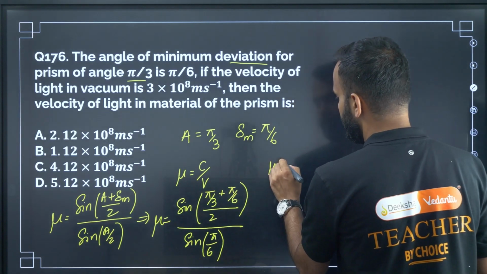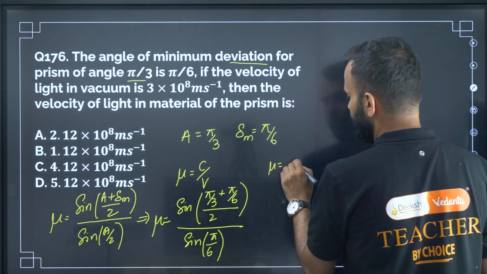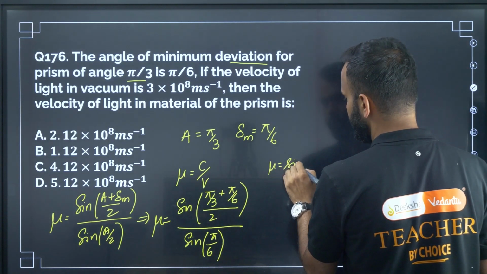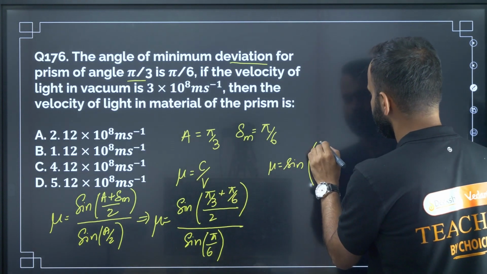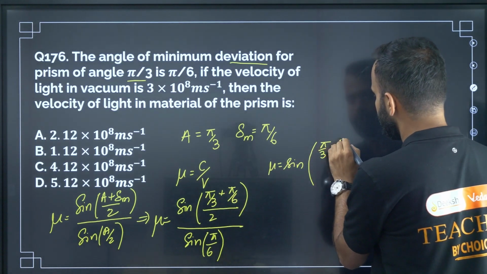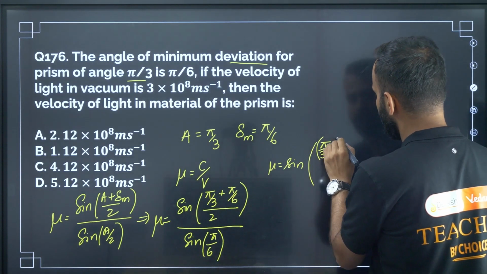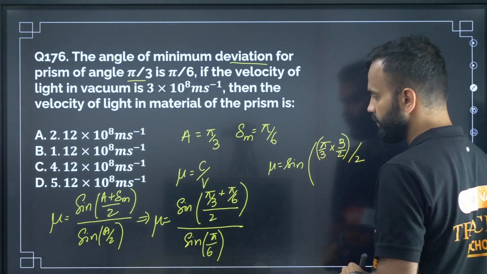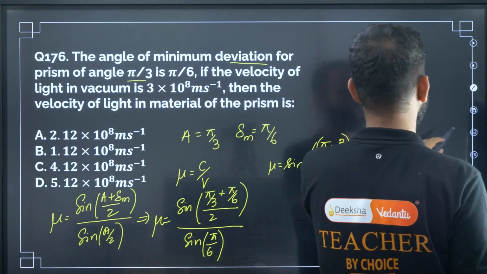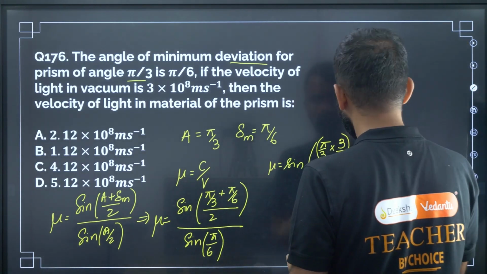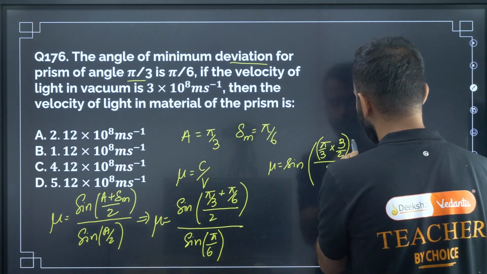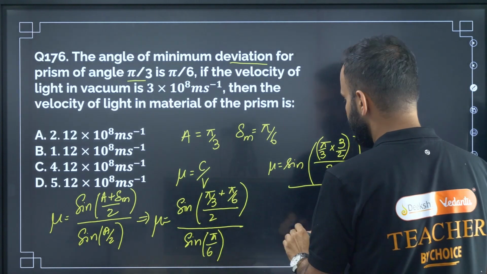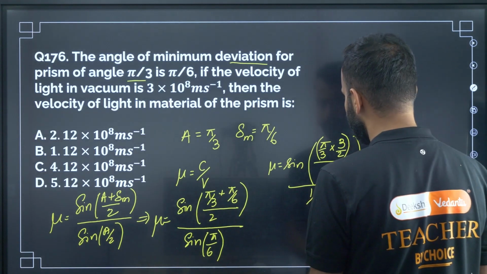Now mu equal to sine of pi by 4 divided by sine of pi by 6, that is 1 by 2.